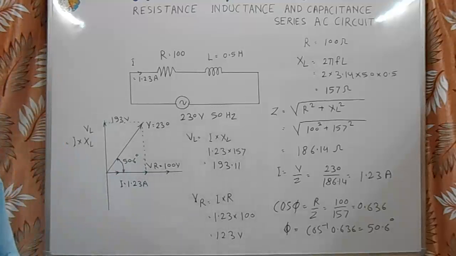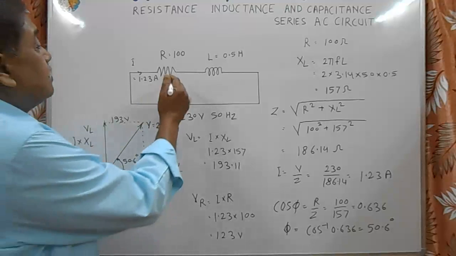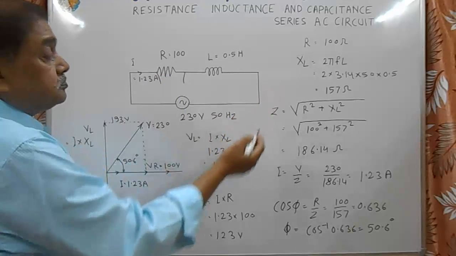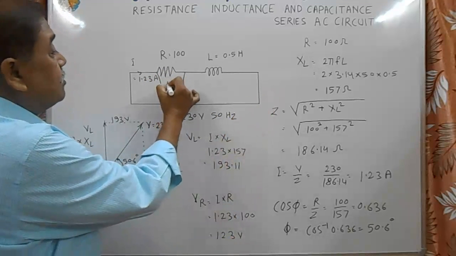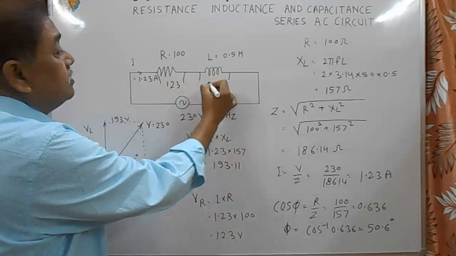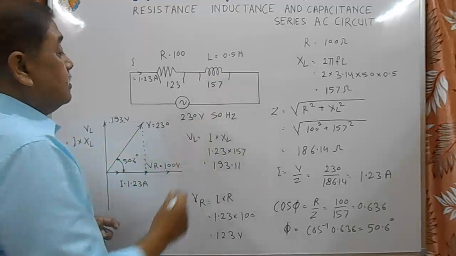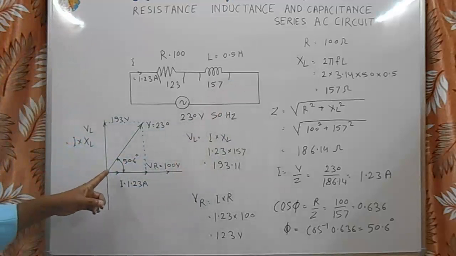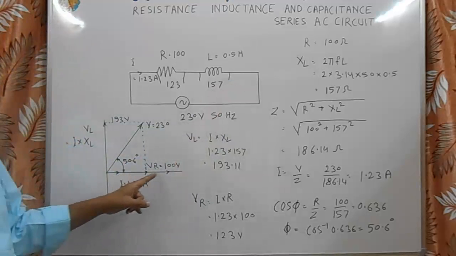It means across this resistance voltage is this 123 volt, and across this inductance voltage is equal to 193 volt. So now come to the vector diagram. In this vector diagram, current is taken as the reference vector.